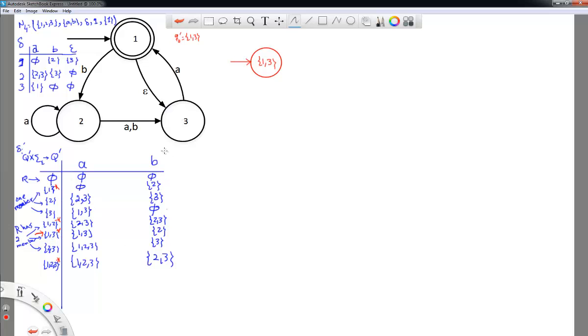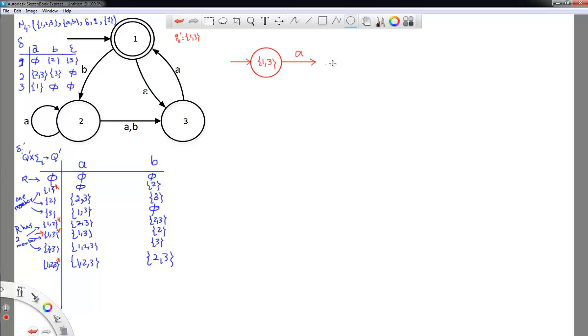When I'm drawing this, I could go either way. I could start from phi and then go down, or it may be a little easier to see if I just go along the start state and then along each of the transitions and keep writing them to see what's going to happen. So let's start with the start state {1, 3} and see where we go with an A transition or a B transition.